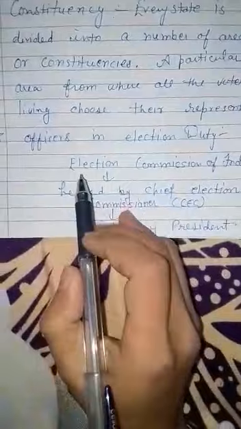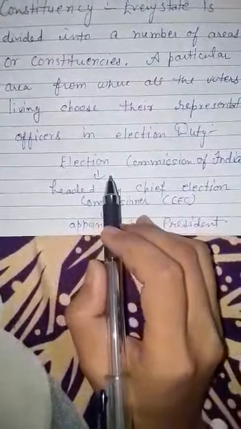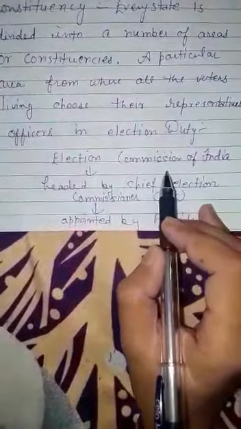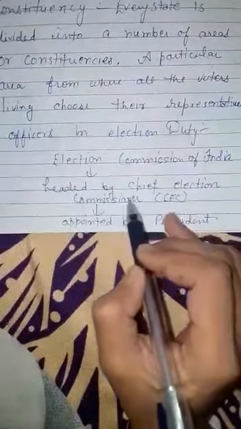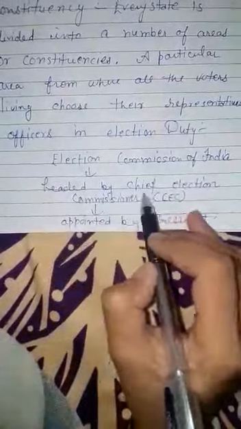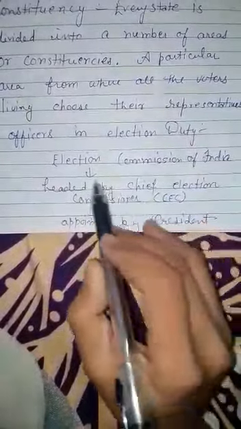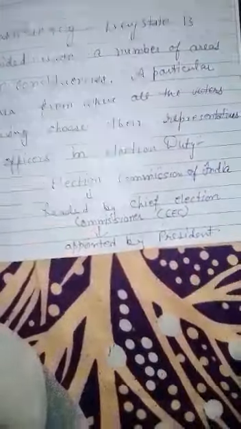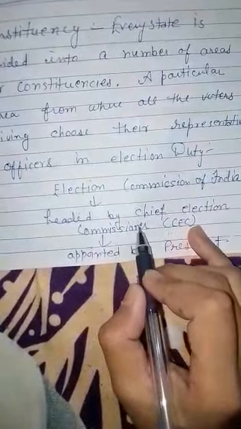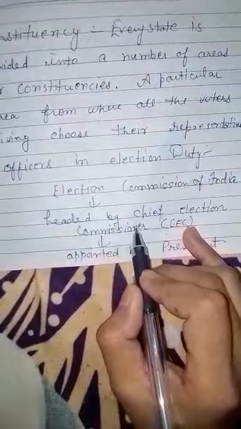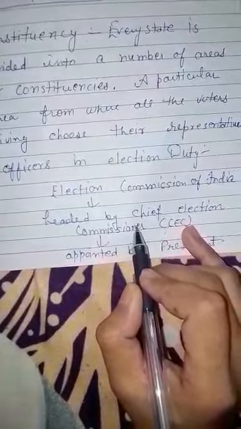Now next we will read about officers on election duty. As I already told you, the Election Commission of India is conducting elections in India. It is headed by the Chief Election Commissioner, and this person is appointed by the President. Under the Chief Election Commissioner, various state election commissioners are working, and each is responsible for elections in their respective states.